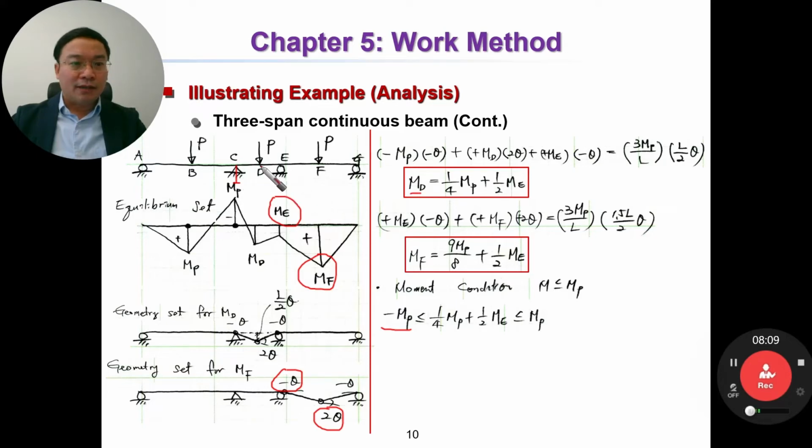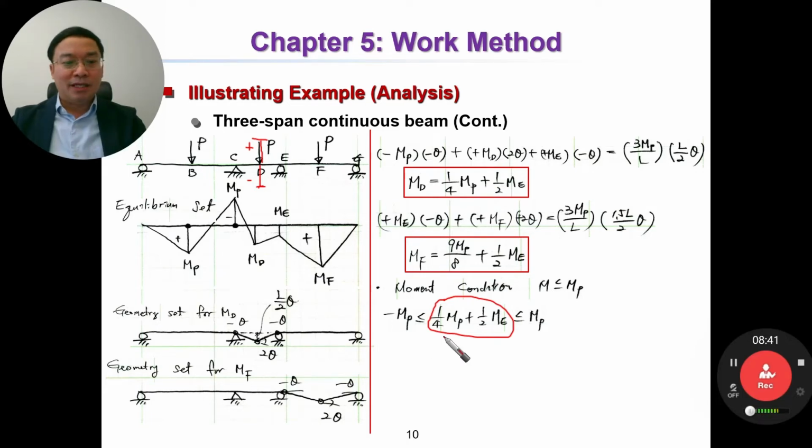I'm sorry, here, not here. M at D should be greater than minus MP, and it should be smaller than MP. Okay, the range of M at D is minus MP to plus MP. So here, this is MD. MD here should be greater than minus MP and smaller than MP. That is the range of MD.